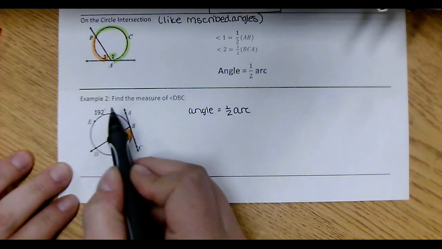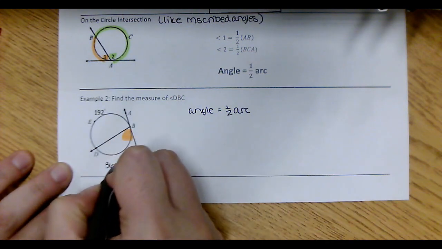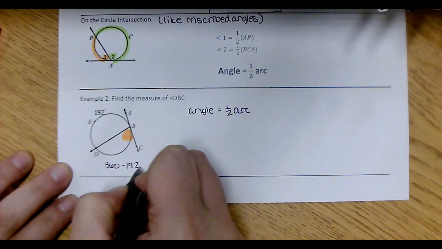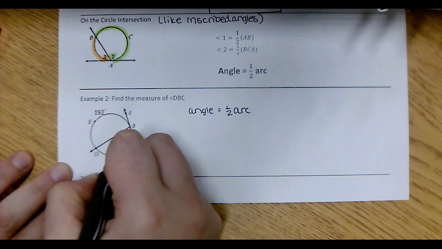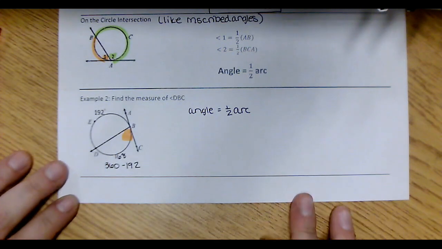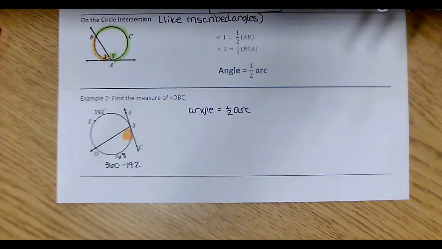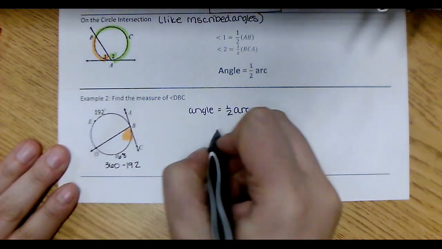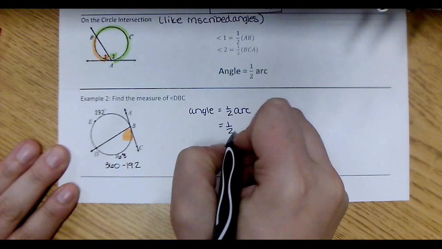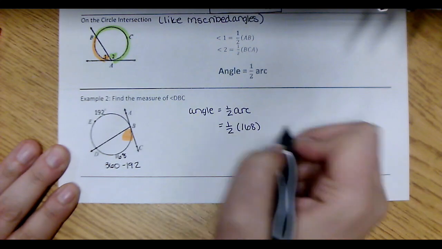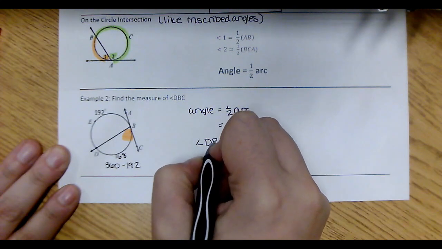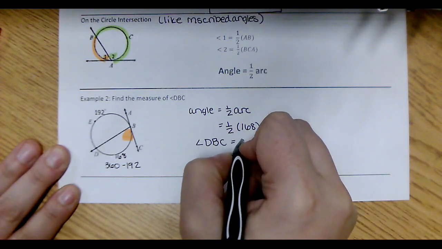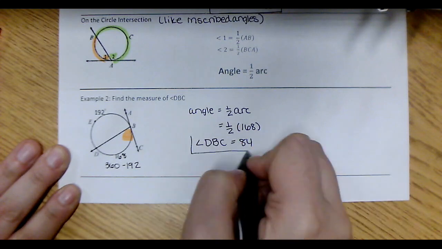We know that the whole circle is 360. So if we do 360 minus that 192, we'll find out that there's 168 left for the arc that we need. So then all we have to do is take half of that 168. So our angle DBC is going to equal 84.